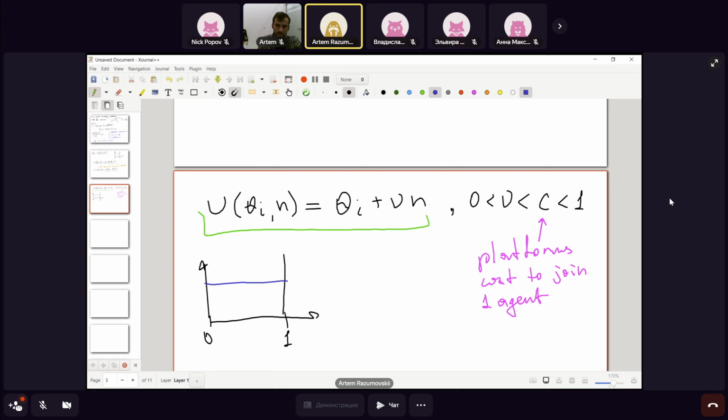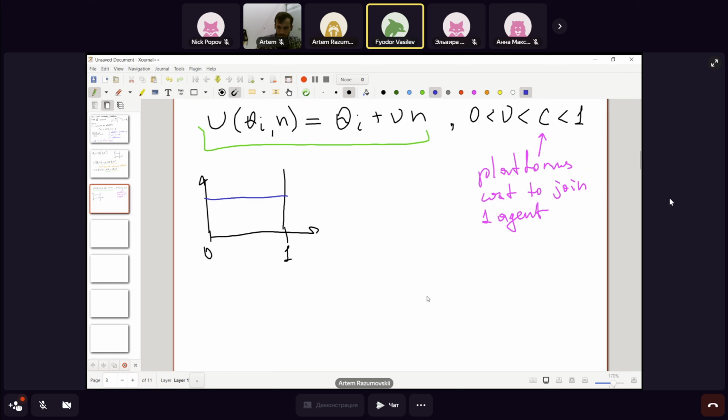Those that have positive utility from joining will join, and we can write an inequality to find who they are.